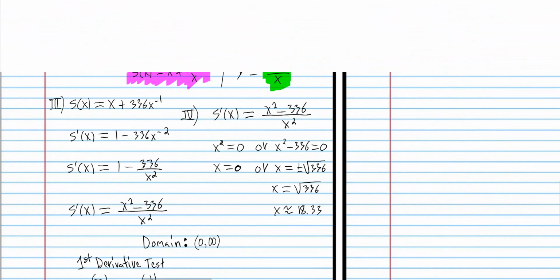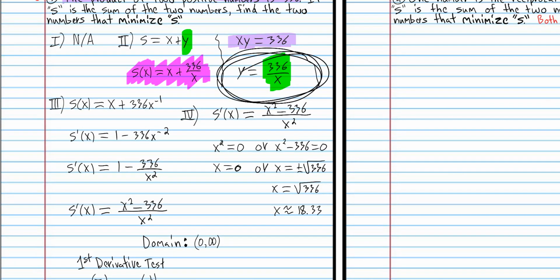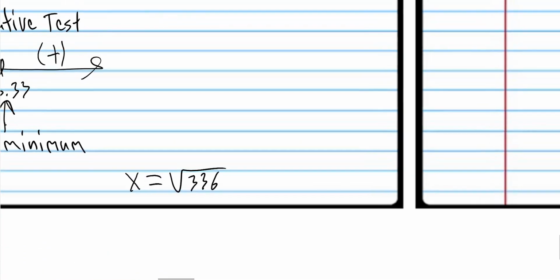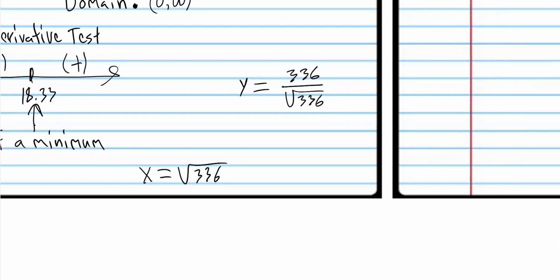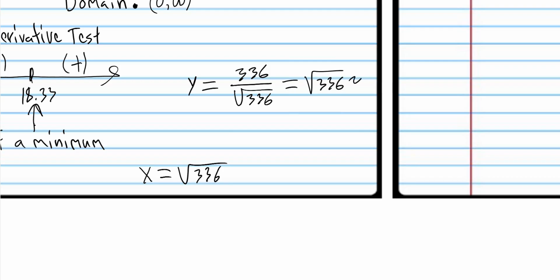And then to find the other number, we just plug it into this equation here. So y is equal to 336 over x. X is root 336. And that's just going to be root 336, which we don't really have to approximate, but if you're wondering how we did that, remember we just have 336 over 336 to the 1/2 power.